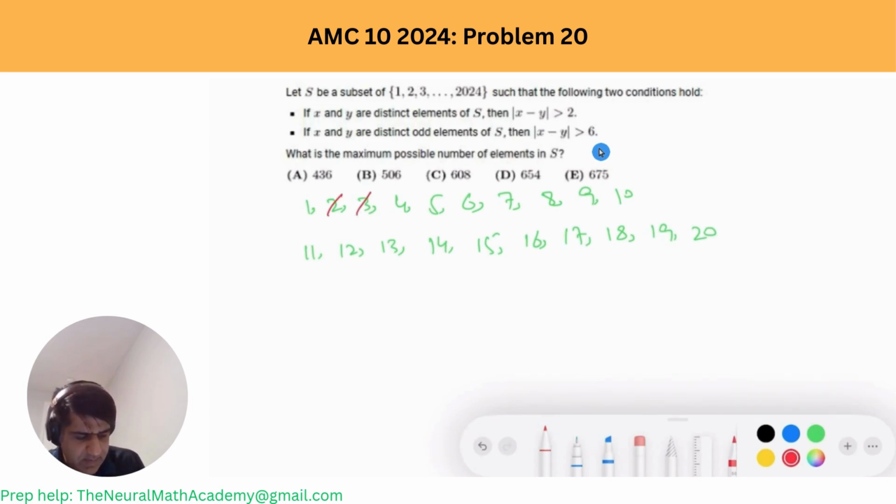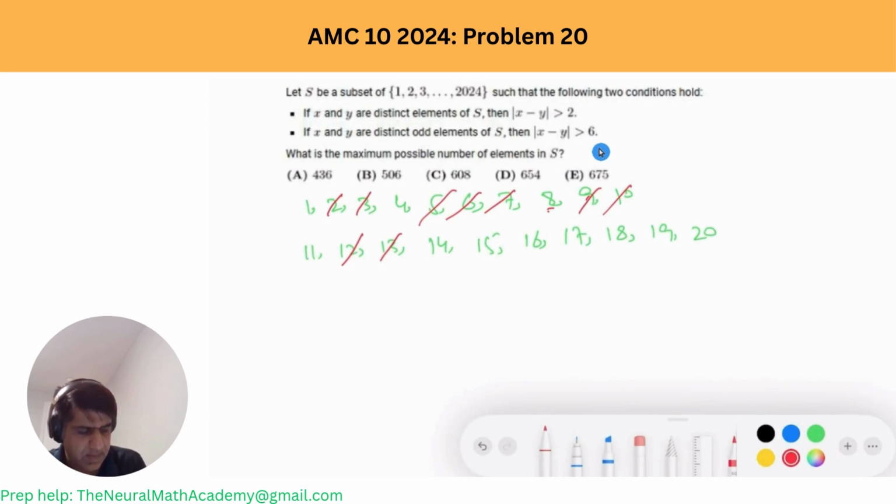Similarly, I have now 4, and the next number I can have should be 8, right? So this is also cancelled out. And once I have 8, the next number that I can have should be 11, right? And if I check next, I would then get 14.